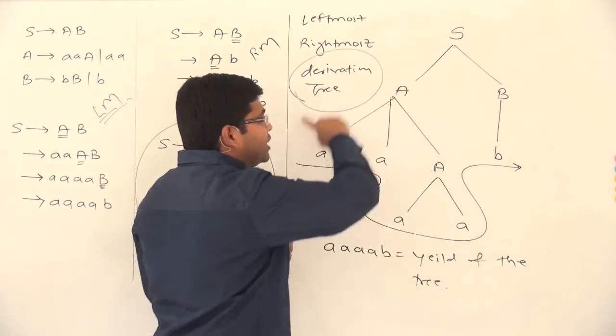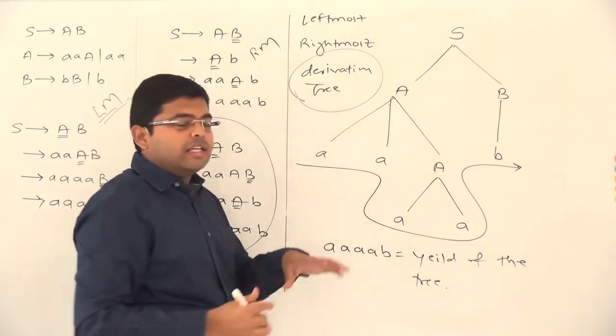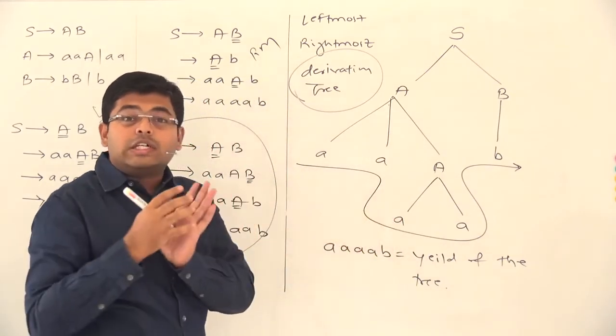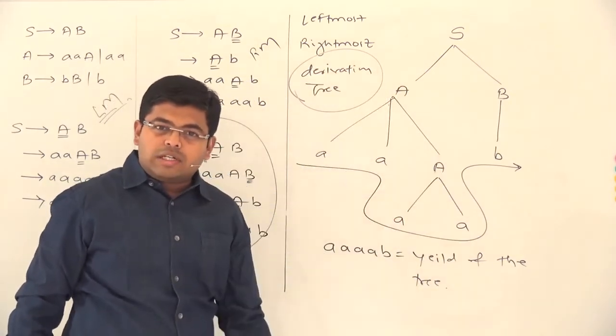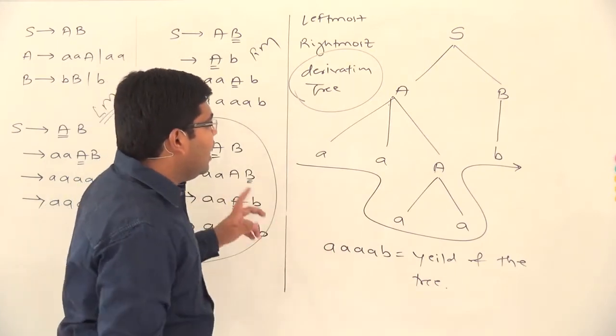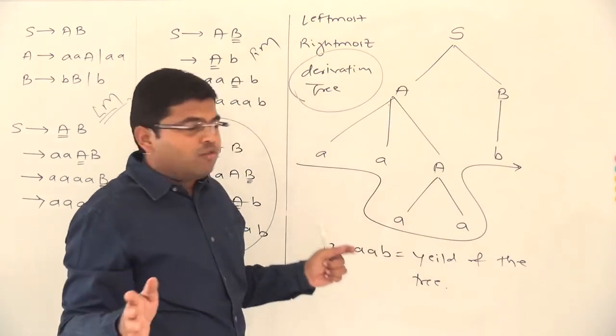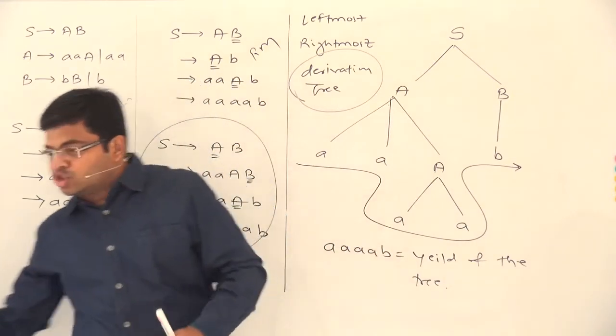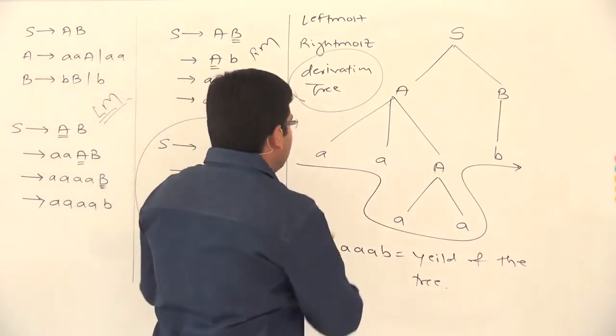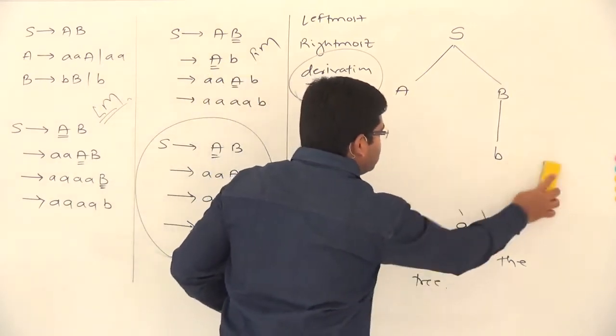Now, what is the speciality of this particular tree? There is nothing called a leftmost derivation tree or rightmost derivation tree. There is simply a derivation tree, and you can replace the variables in whatever order you want. What does that mean? Let's do it once again. First of all, I will take the leftmost derivation here.